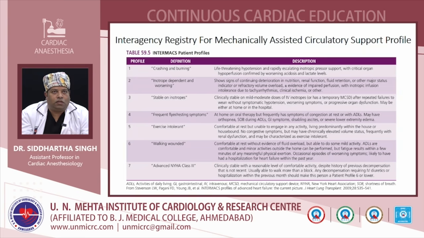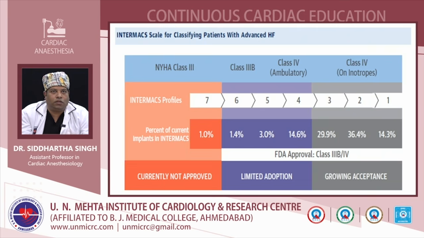So the catch is, the higher the INTERMACS grading, the better the outcome, and the lower the INTERMACS profile, the poorer the outcome. So an INTERMACS profile more than 4 is good for a ventricular assist device, and less than 4 are poor candidates with organ dysfunction and not going to recover with LVAD therapy or BiVAD therapy, rather it worsens them. So here we can see the INTERMACS profile.